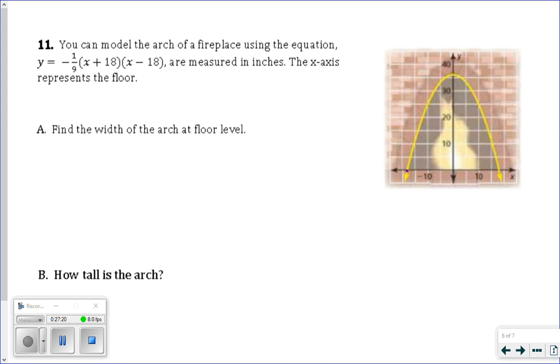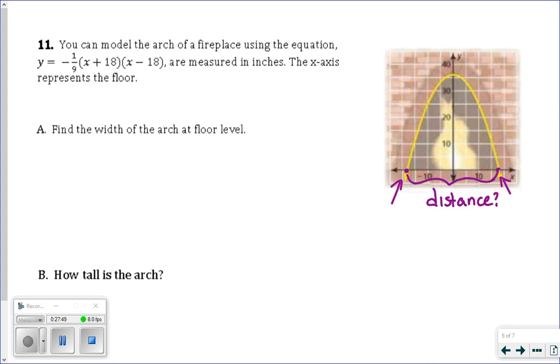So we want to know, from one end of the arch to the other, how far away or how long is that distance. That's what we want to know again, right? And again, the x-axis has been established on the floor. So if I could just know what this x-intercept is and what that x-intercept is, then I could find that distance.